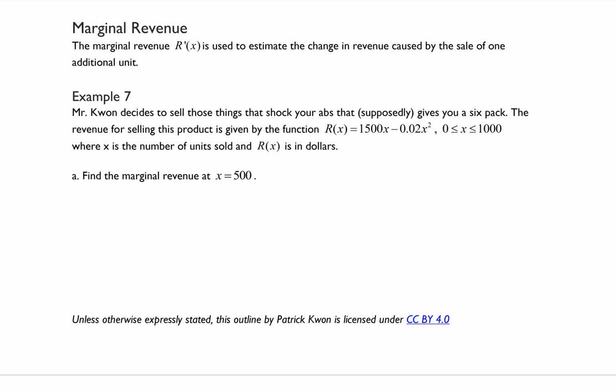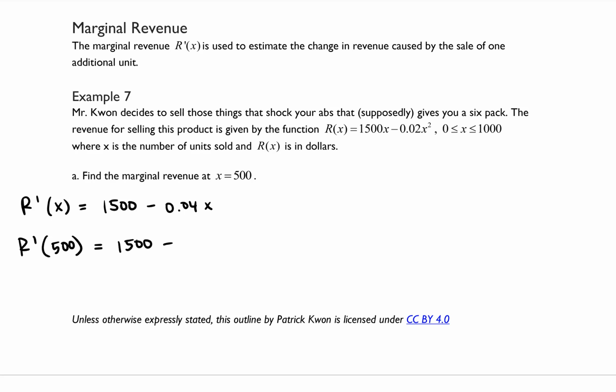Part A says find the marginal revenue at x equals 500. So the first thing that we want to do is find the marginal revenue function, or R prime of x, and that's going to be 1500 minus 0.04x. And now we want to find R prime of 500.